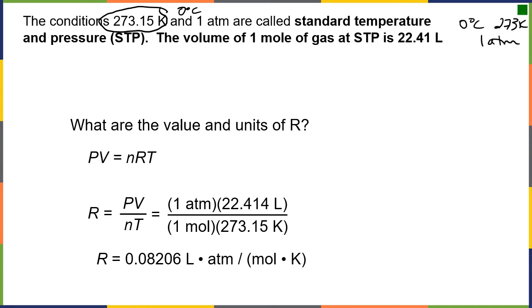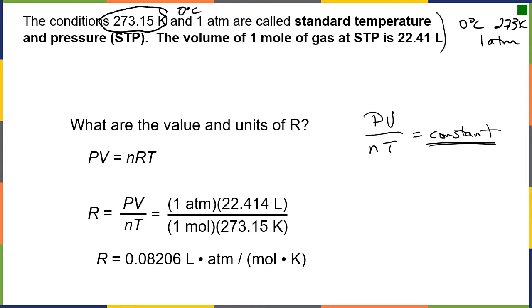Now, if we take our equation and we plug in such that we have PV over NT, and we solve for whatever constant that is equal to. And again, we know it's got to be equal to a constant because it's going to be proportional to a second set of conditions. P1 V1 over N1 T1 is equal to P2 V2 over N2 T2. That means that ratio is constant.